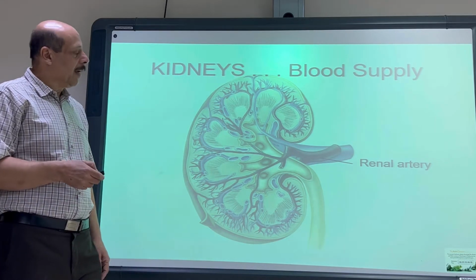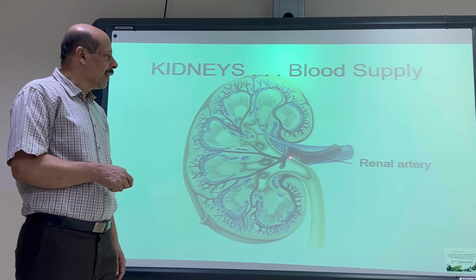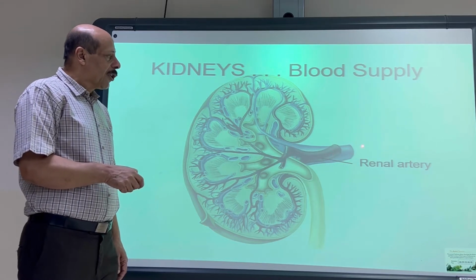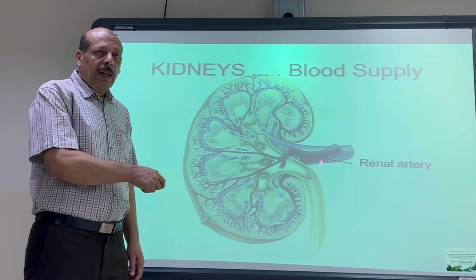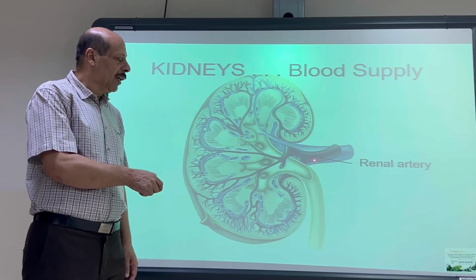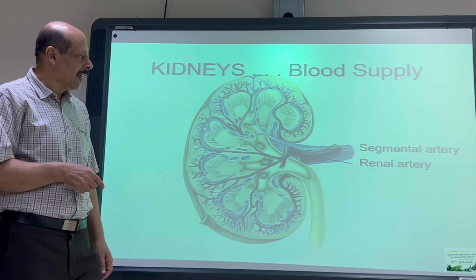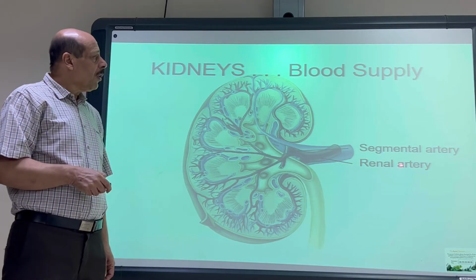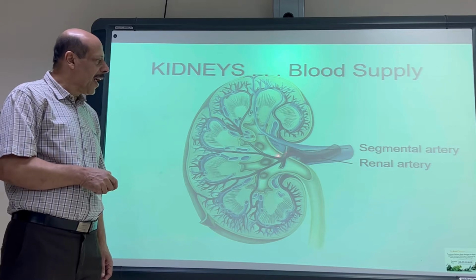Again, the blood supply to the kidney comes from the renal artery, which is a branch from the abdominal aorta. The right and left renal arteries are there. Then from the renal artery there are branches, which are the segmental arteries.